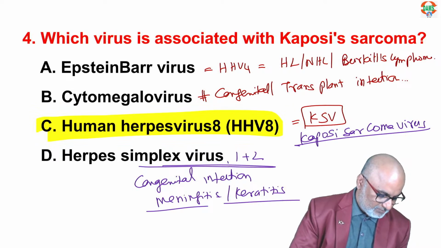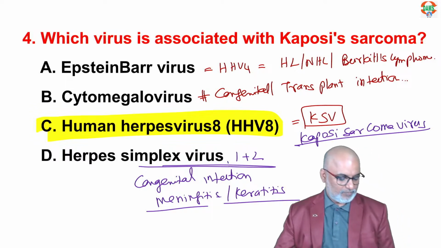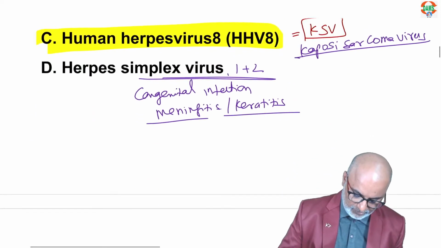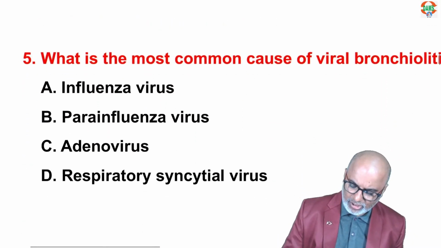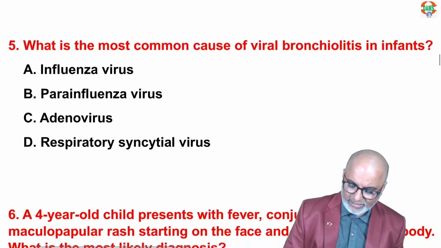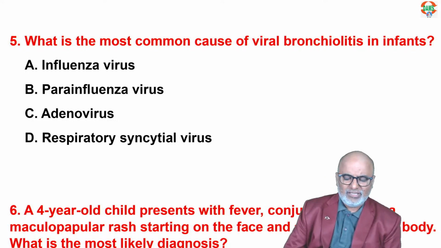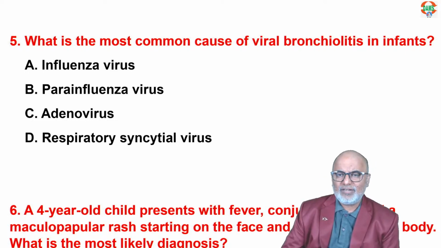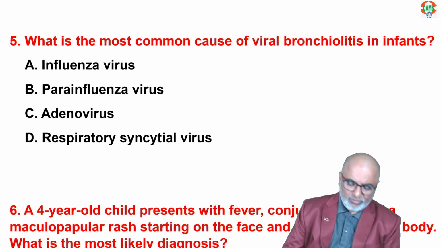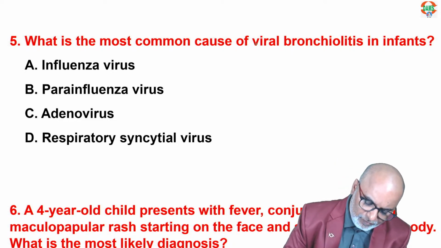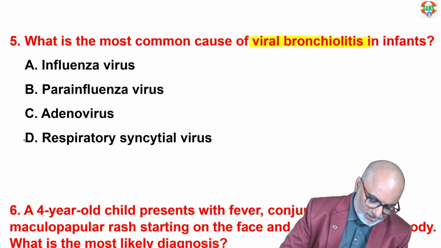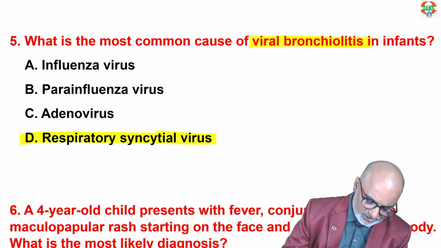Next is, what is the most common cause of viral bronchiolitis in infants? Very simple question. Children less than 1 year of age. The most common cause of viral bronchiolitis is respiratory syncytial virus.